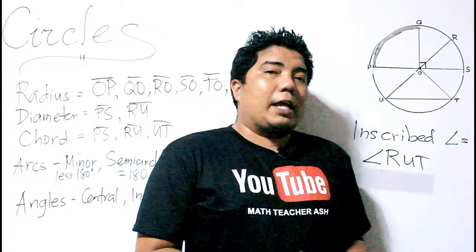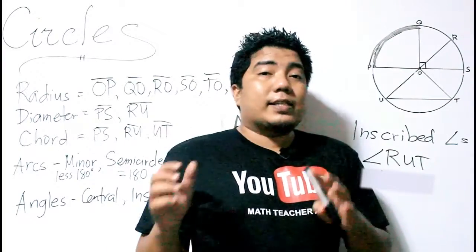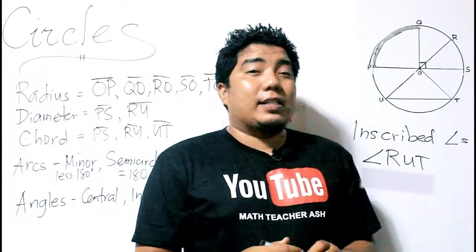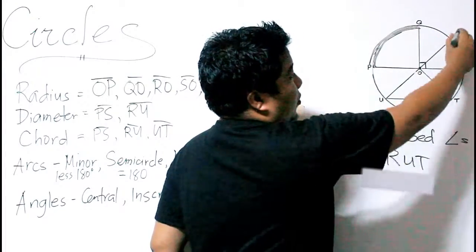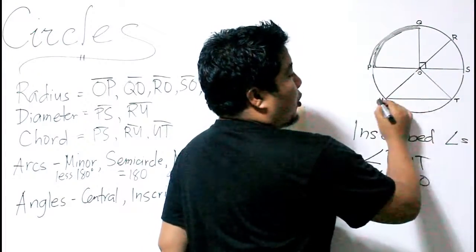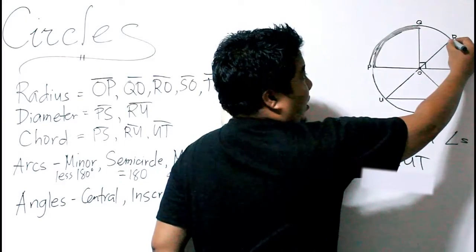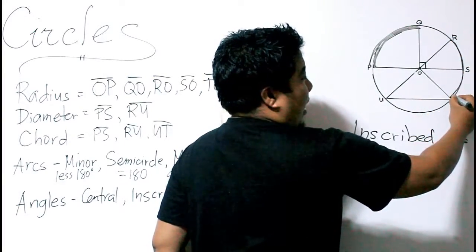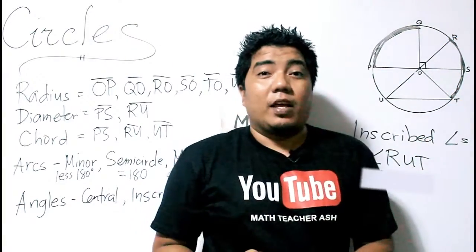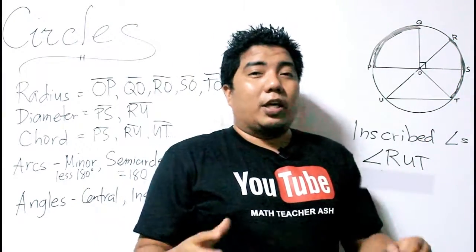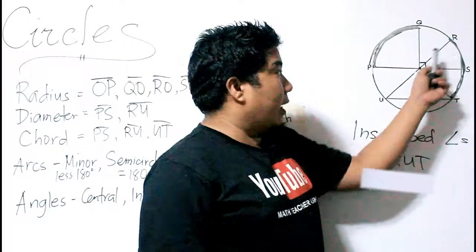Of course, same as the central angle, inscribed angles has its intercepted arc. If you consider this RUT, we have the intercepted arc, which is this one.